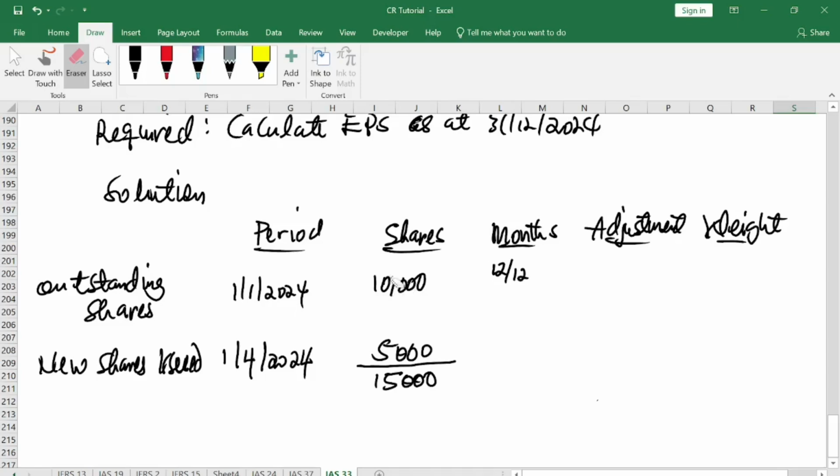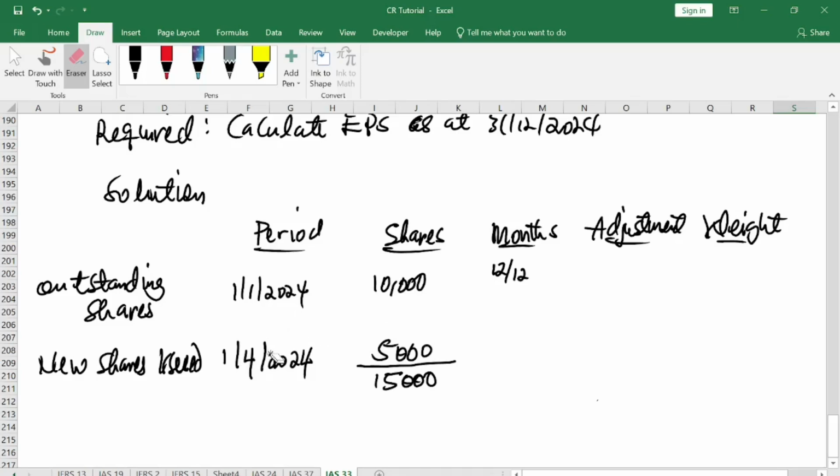You will say that since I'm going to add this share to this share so that both shares will travel for the rest of the months, then I'll apportion this 10,000 to the date when the new share was issued. So this 10,000 traveled for how many months before the new share was issued? It traveled only 3 months. January, February, March.